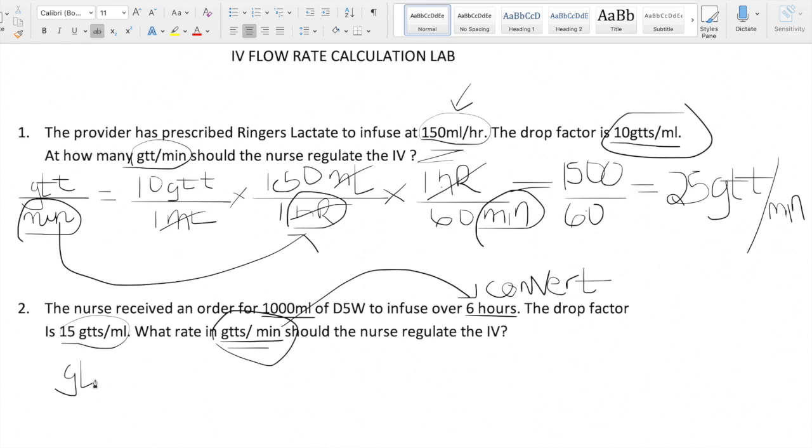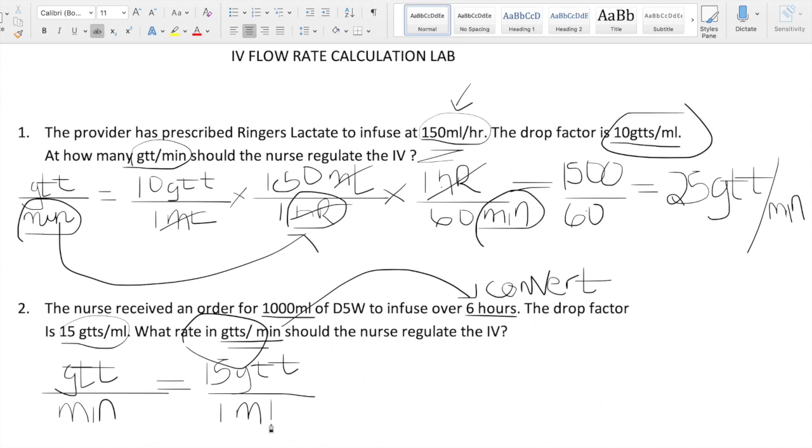Key points, remember, always write exactly what the problem is asking you. So over here, it's going to be in GTTS-minutes. So I am writing this down for reference. Now we're going to put the GTT, which is going to be 15 over 1 milliliter, because as you can see, the 15 and the milliliters go together.